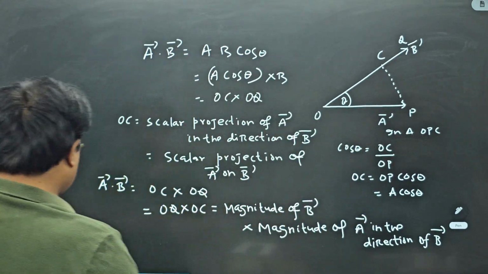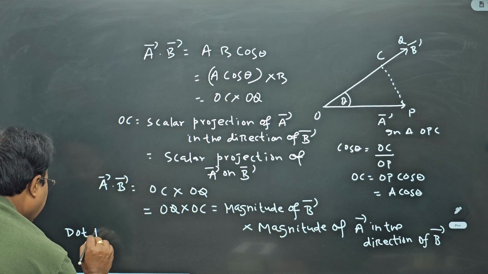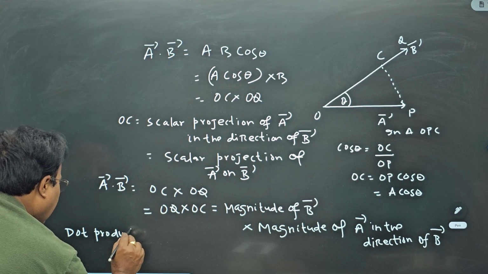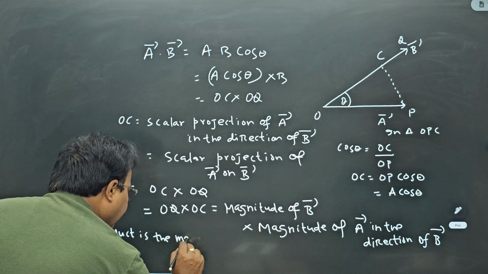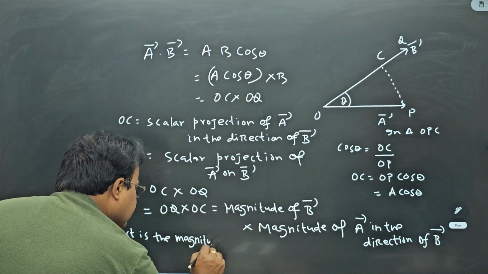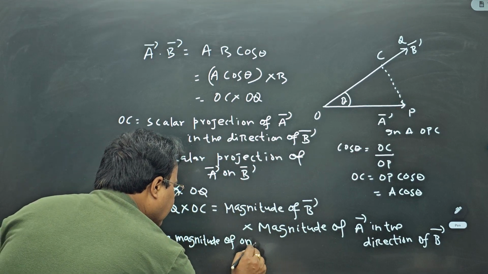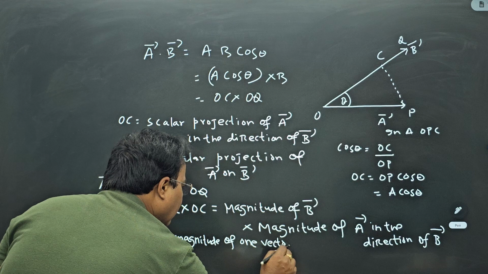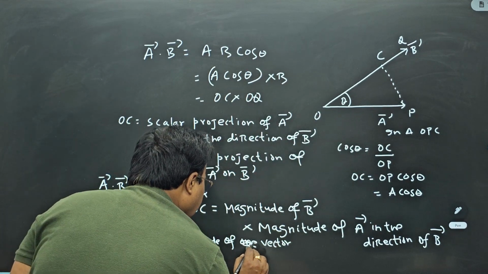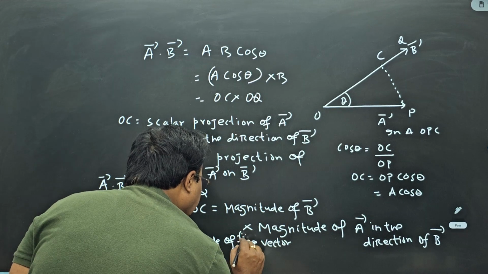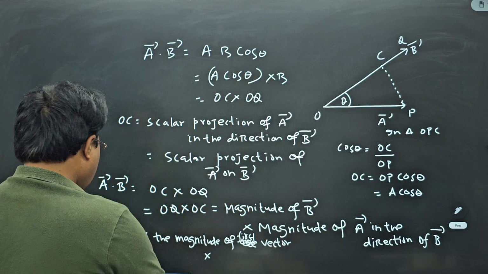In a nutshell, the dot product is the magnitude of one vector, either A vector or B vector, into the magnitude of the other vector. You take whichever is first as you like, A vector as first or B vector as first.